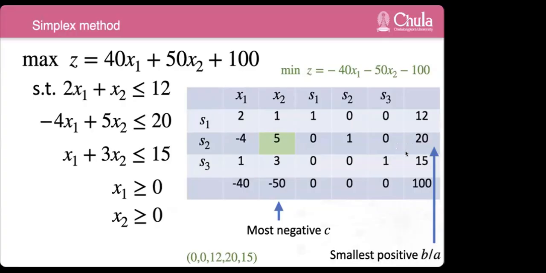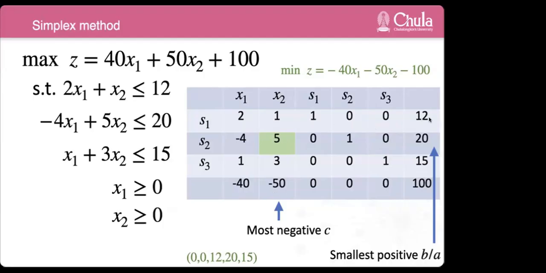Why do we choose the smallest one? Because on the right-hand side, it's a slack variable, how far we are away from the constraint. So we divide b by a to find which slack variable is sensitive to the increasing of x2.